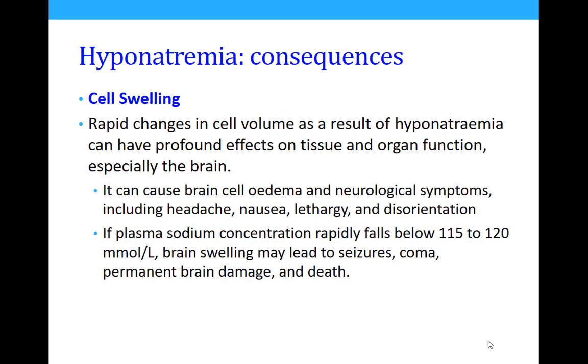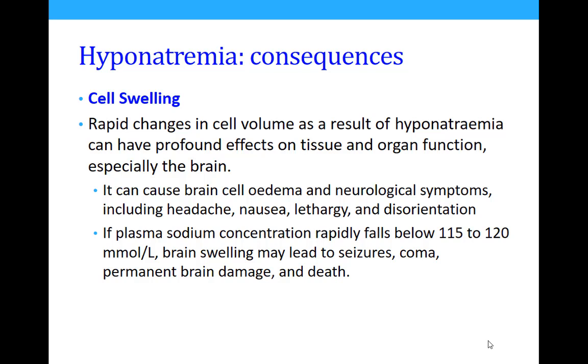What happens when there is hyponatremia? When there is hyponatremia, there could be cell swelling. Why? Again, remember when we discussed last time, the tonicity. If you put cells in a hypertonic solution or a hypotonic solution, what happens? Water moves in or out.